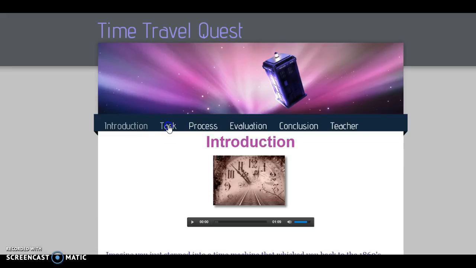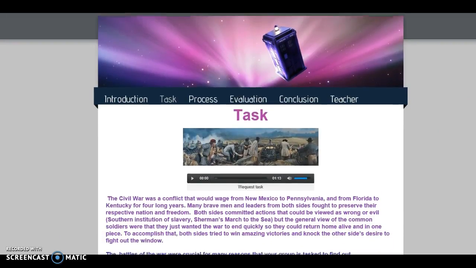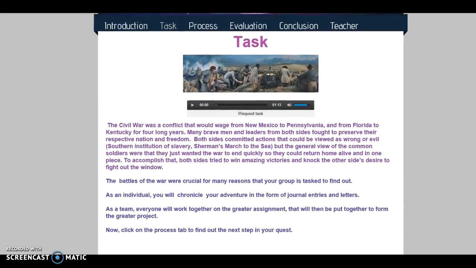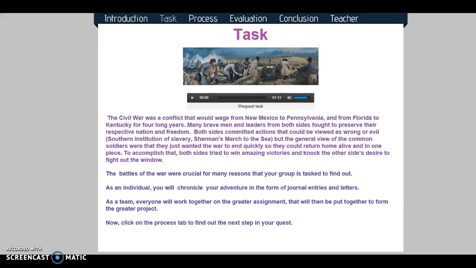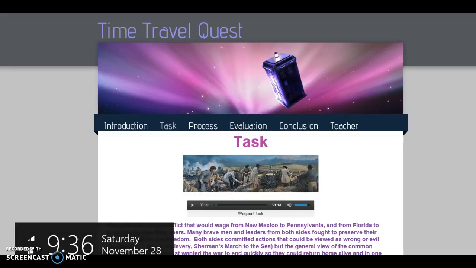So their task was to imagine they'd traveled back in time, and they were to walk around the battlefield as their character. Now, their characters, they could choose from a Union soldier, Confederate soldier, a nurse, a journalist, or a photographer. And all the research they did was to pertain to their part and what they thought about the battle.